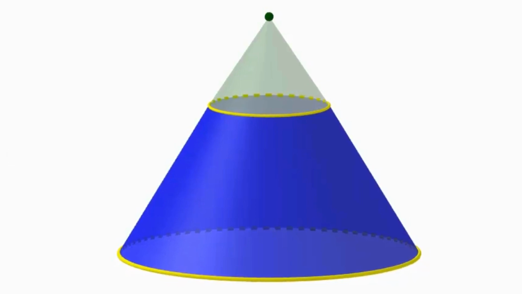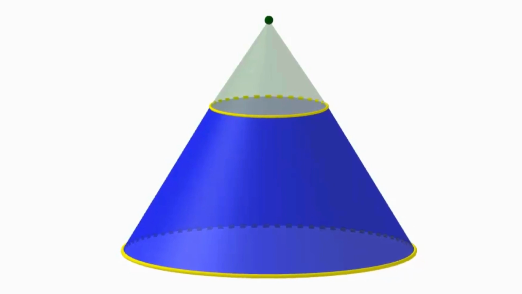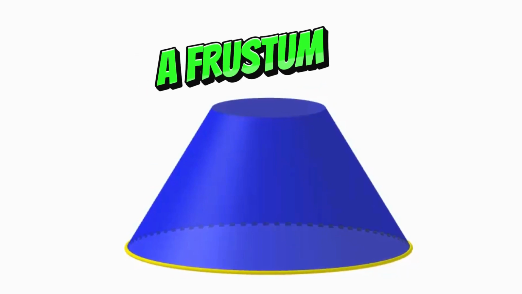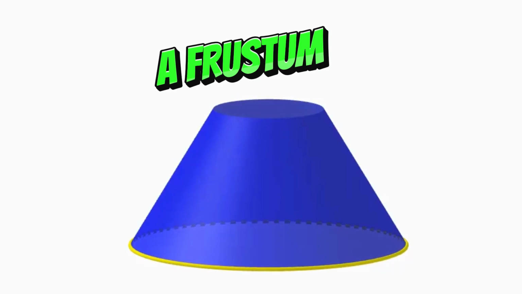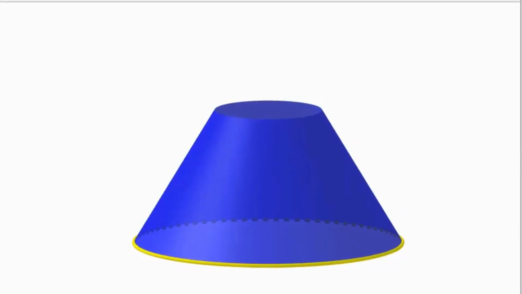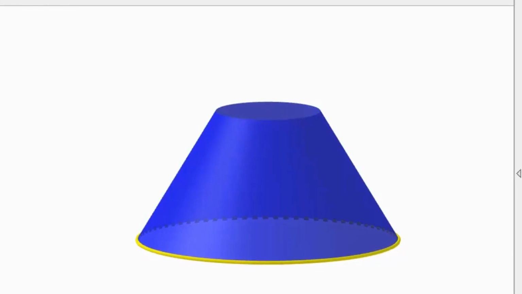When that happens, we obtain what is referred to as a frustum. And this frustum of a cone looks exactly like an inverted bucket, a bucket that is turned over. That is the frustum of a cone.